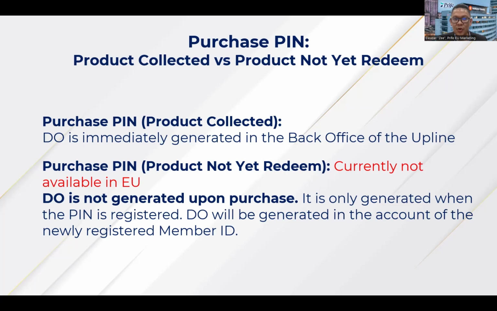And the DO is generated in the account of the newly registered member. That's why a lot of people also prefer this, so that the member, the owner of the product, will have the DO in his or her own back office and not all together in the back office of the upline.